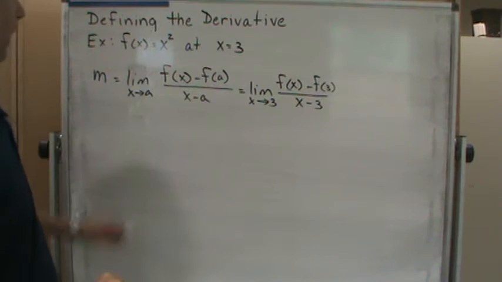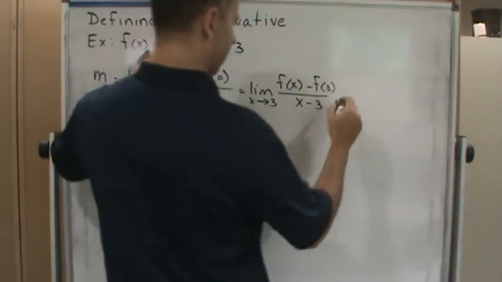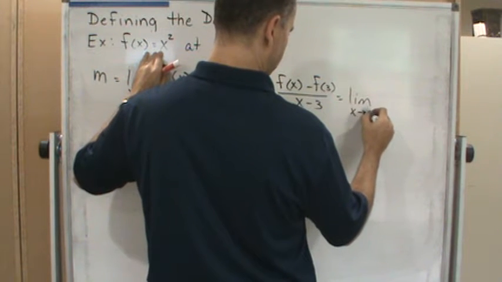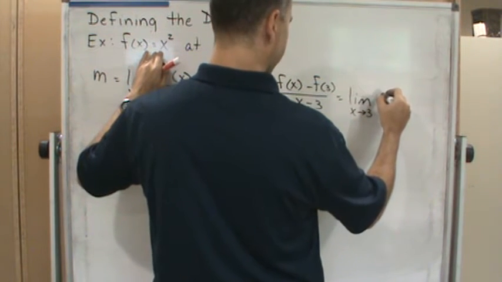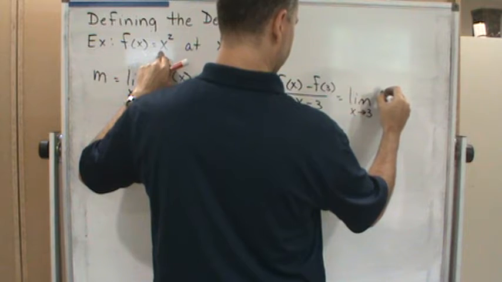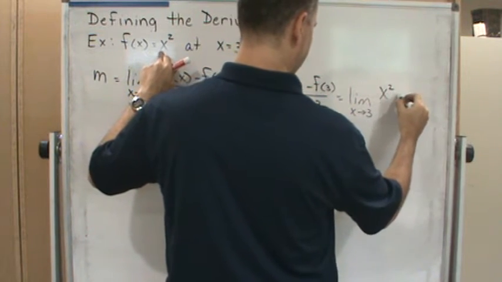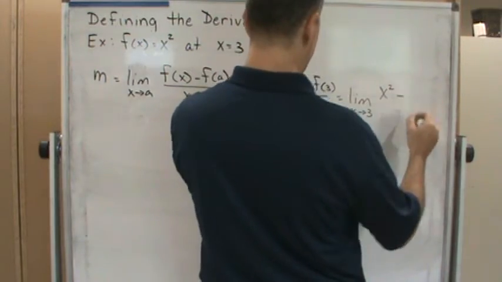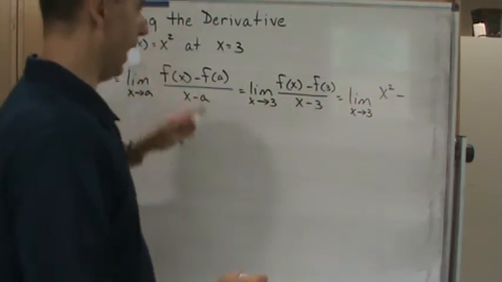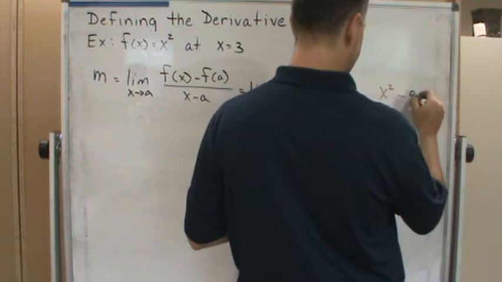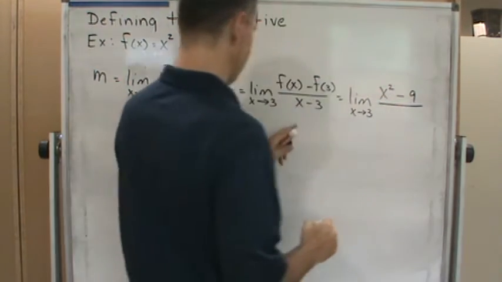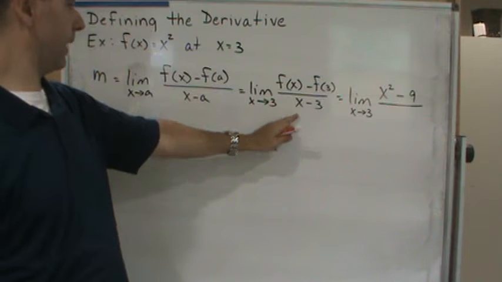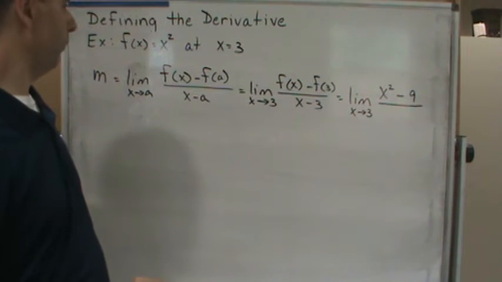So now I'm going to plug in f of x. So again, this is going to be the limit as x approaches 3 of x squared minus f of 3, which is 9, so minus 9, over x minus 3, right?